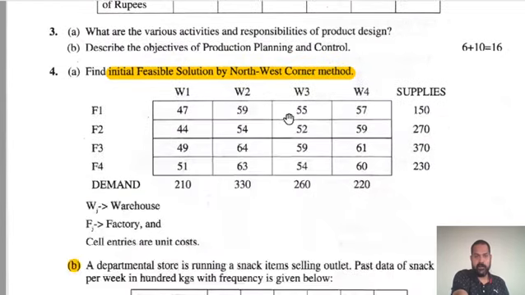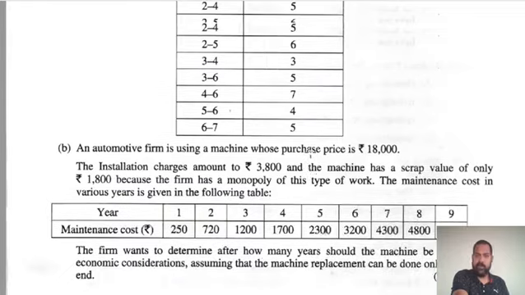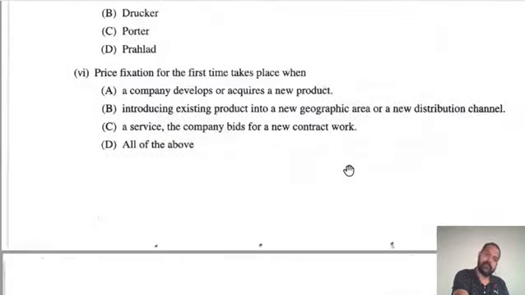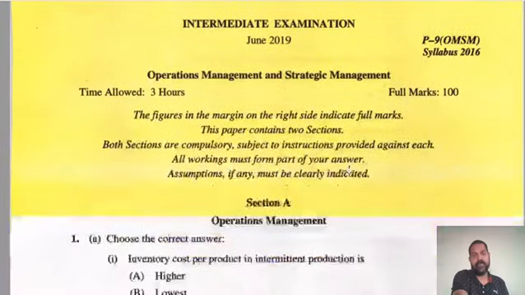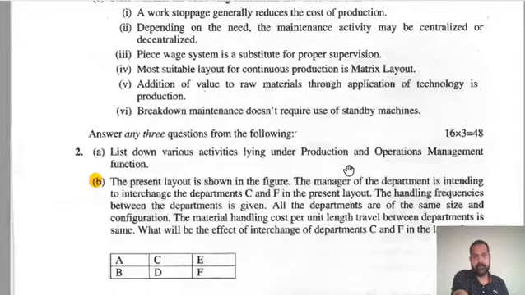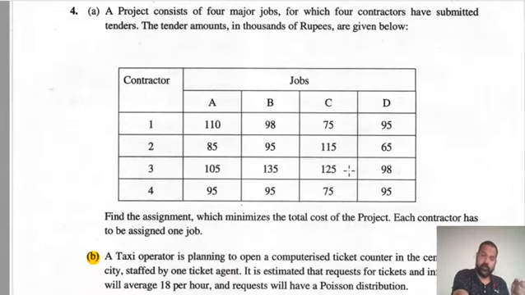So done, this is not assignment, this is transportation. Done, so no. None of the places is the question asked. Fine. Let's move on to June 19. No, yes. There also it was asked in 4A, here also it is asked in 4A. Fantastic. What is the question?